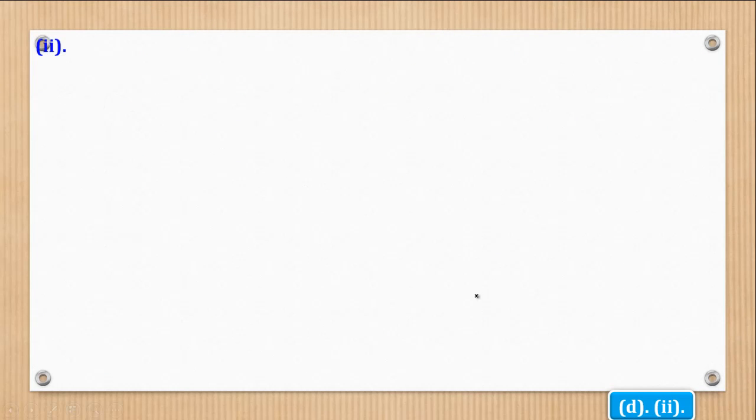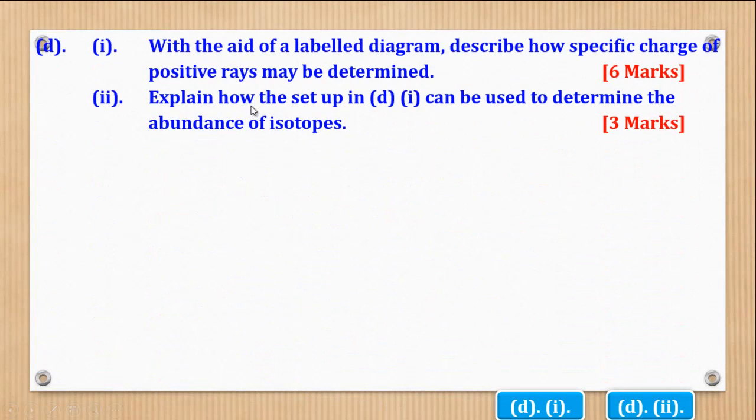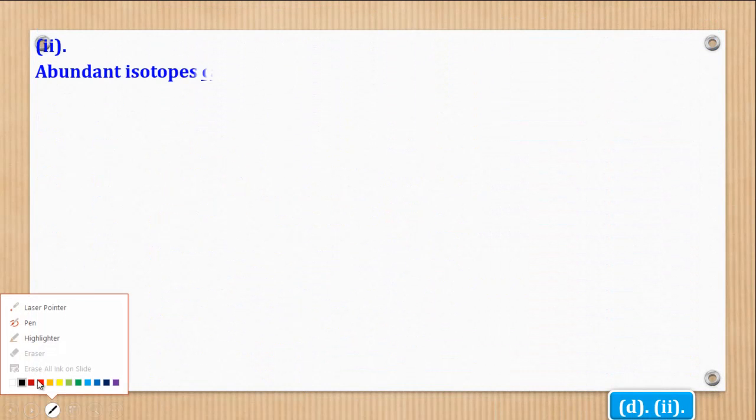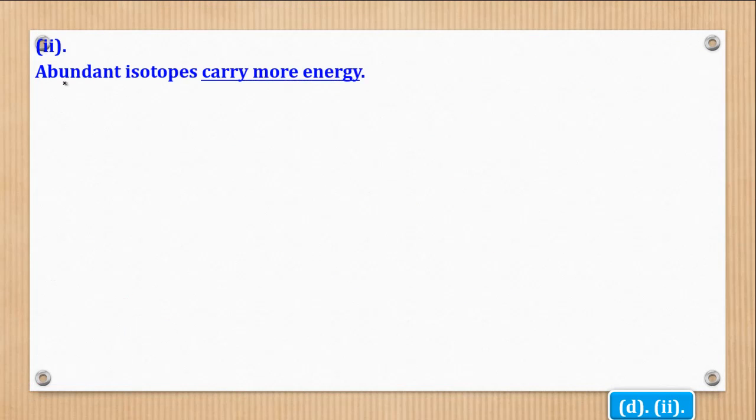Then Roman 2, explain how the setup in D Roman 1 can be used to determine the abundance of isotopes. Abundant isotopes carry more energy. That's what you need to know.